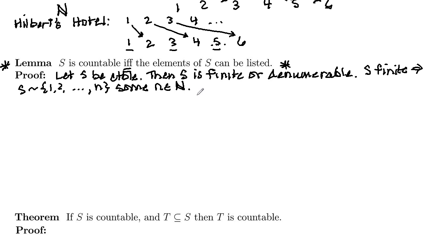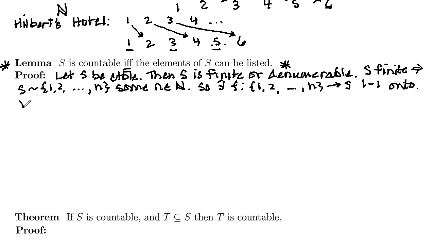And then that means that we can list. This means that we have a one-to-one onto function. So there exists an f that goes from 1 up to n into the set S, and it's one-to-one and onto. That's the definition of equinumerous.